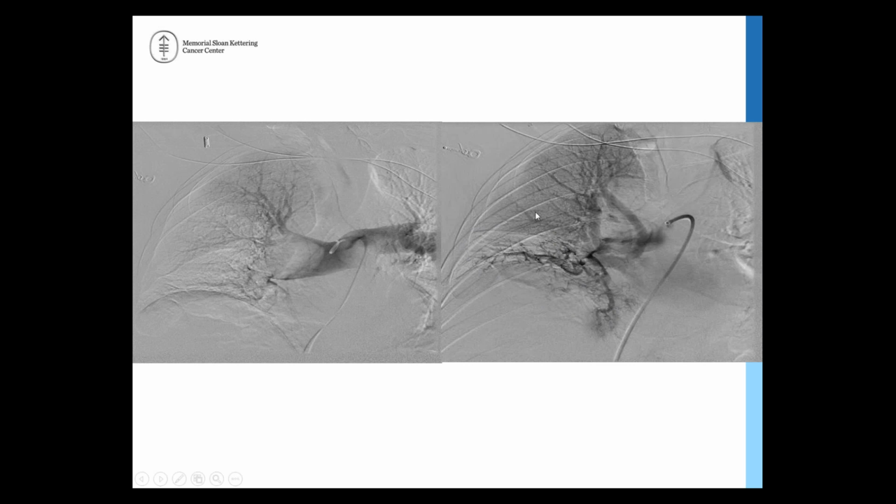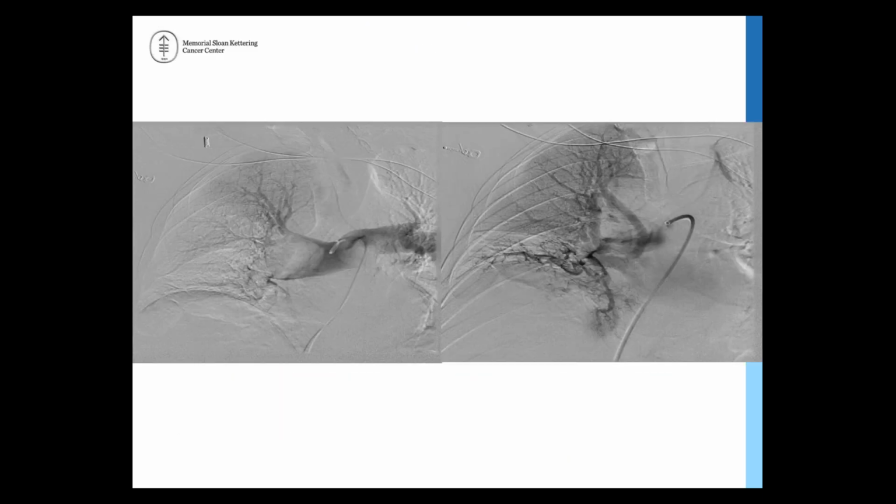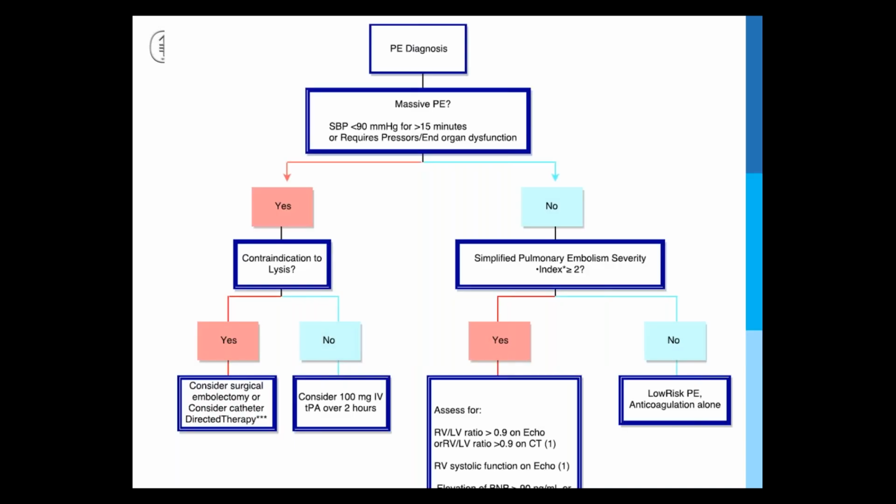You still see a lot of filling defects, and this is kind of what we see when we perform mechanical thrombectomy. It may not be 100% pretty, but what's important is that you help the patient hemodynamically, you improve the right ventricular function.